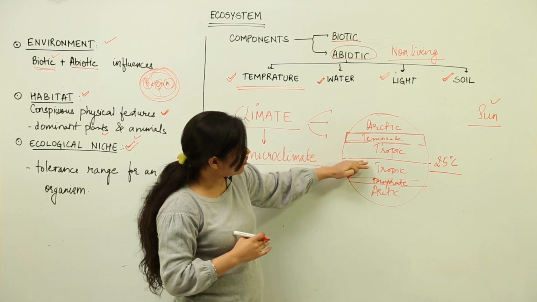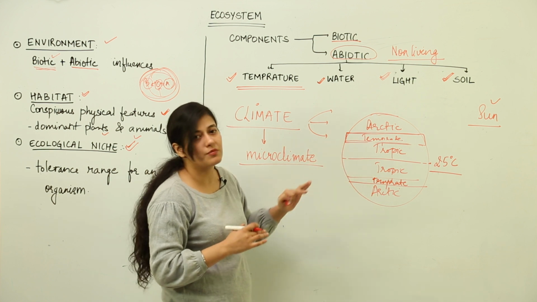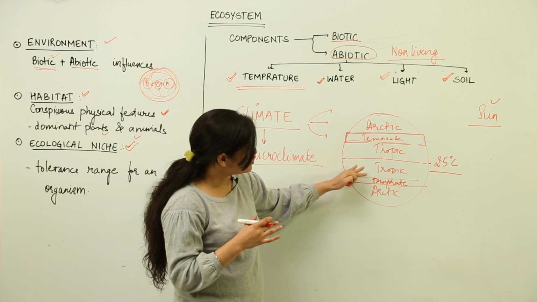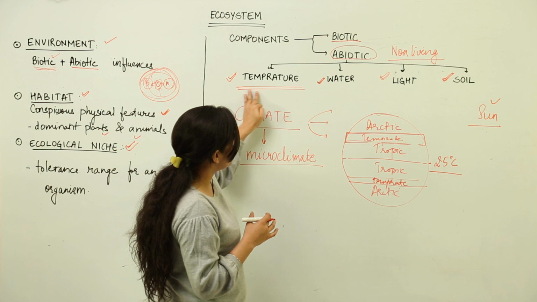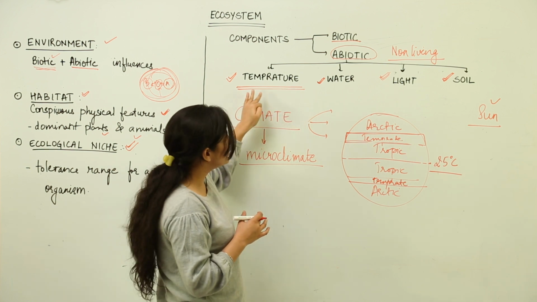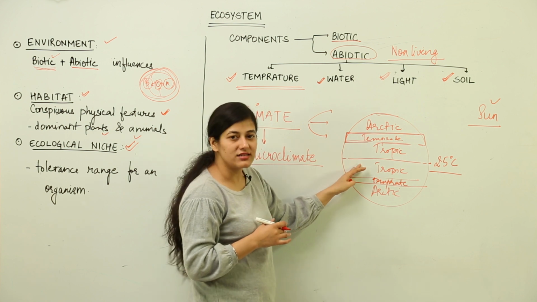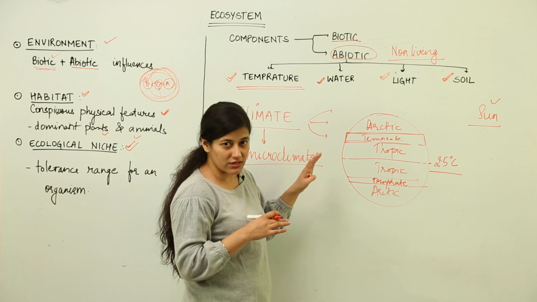When there are more species, there would be more communities. When there are more communities, there would be more interactions, and hence this region would have most of the ecosystems. So the abiotic component of temperature, the ambient temperature in which an organism survives, has a very important role to play in the survival of an organism.